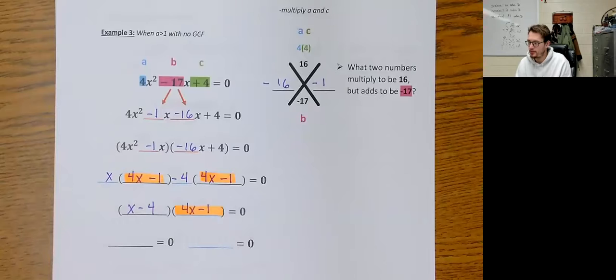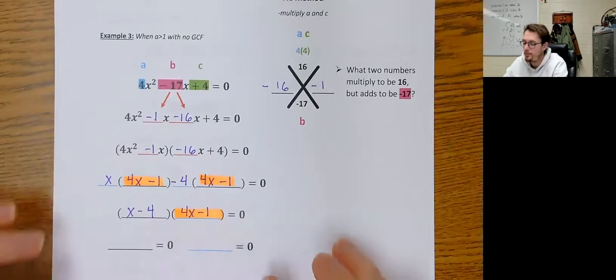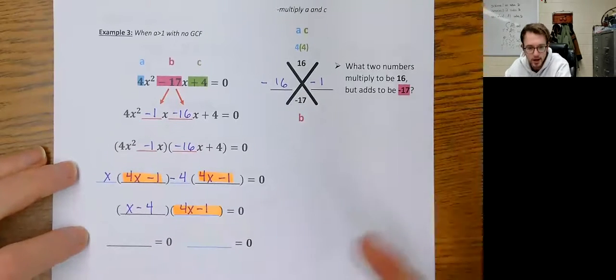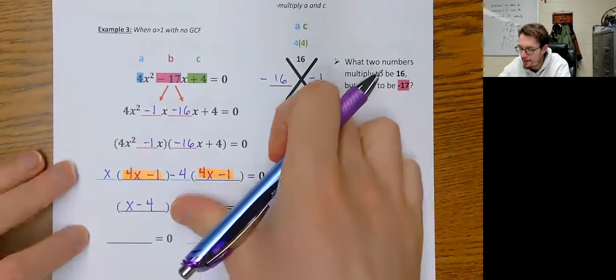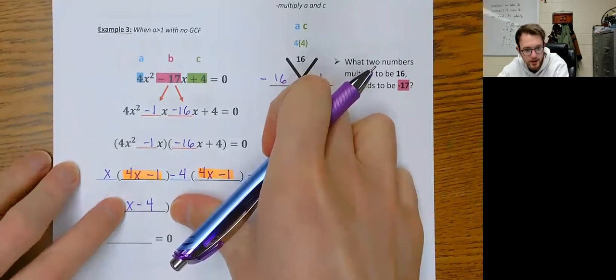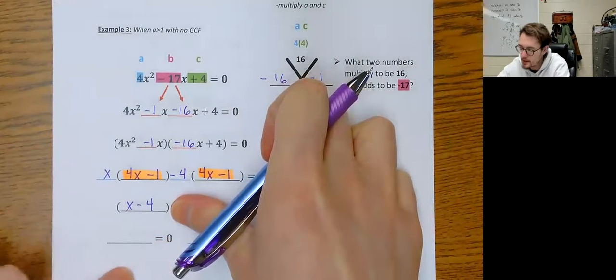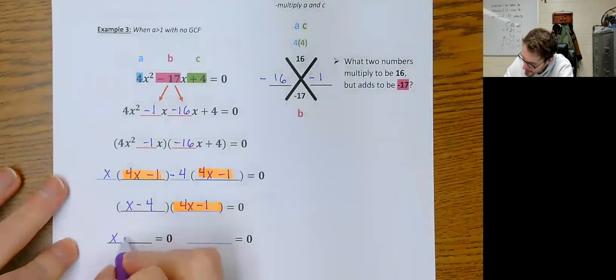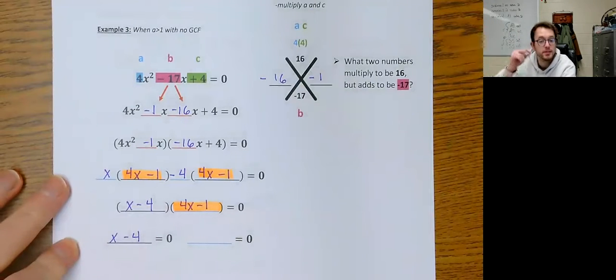I didn't leave myself enough room here, so I'm going to add in this step. Now, you don't necessarily need to do this step, especially for this one. But the zero product property means I want to find out what x value I plug into this to make it 0. So I set it equal to 0. This is the step that I was skipping in the other two problems, just because you can visually see it.